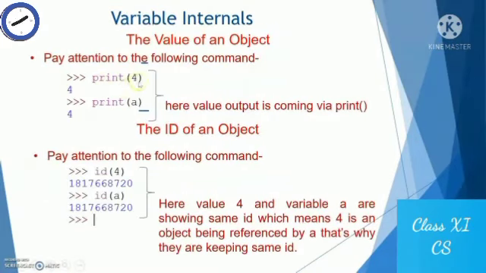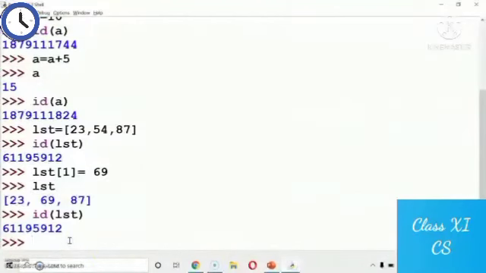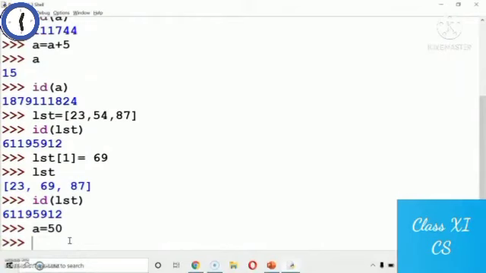If you want to print a particular value, we have to use the print function. print 4 will print the value 4. print A will print the value assigned to the variable A. The id function will return the location. You can see through the example, A equal to 50.